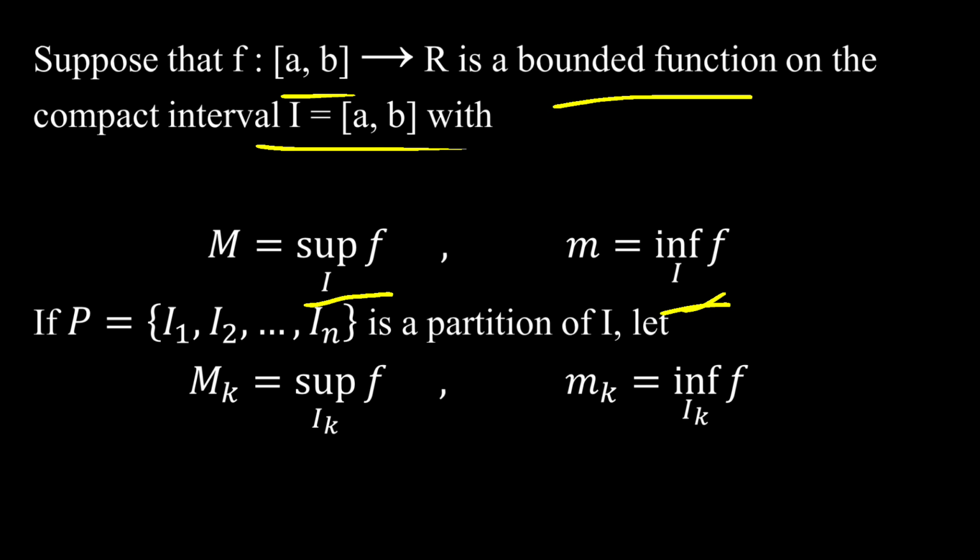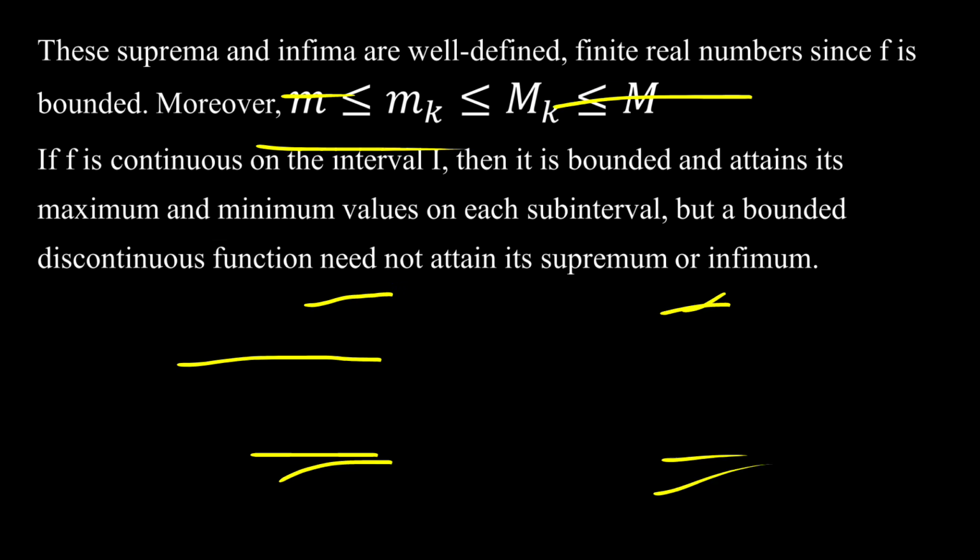Then for the partitions, if P is a partition of I, then in relation to each subinterval I_k, the supremum of the function on these subintervals is defined by that, and the infimum of this function on the subintervals is the infimum of f that way.